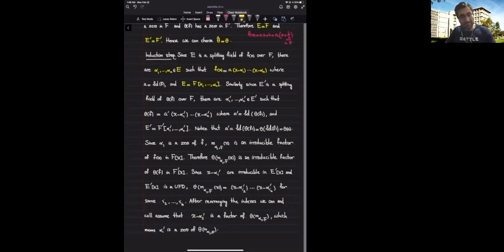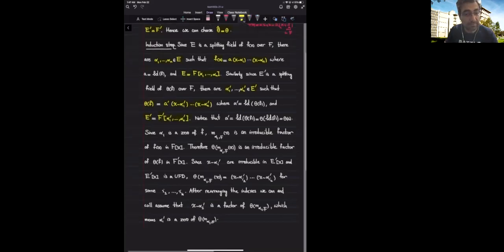Now, similarly, when we say E prime is a splitting field of theta of f, that means we can find some zeros inside E prime and write down theta of f as its leading coefficient times the product of these degree 1 factors. And E prime is the smallest ring that contains F prime and these zeros. So that's the meaning of splitting field.